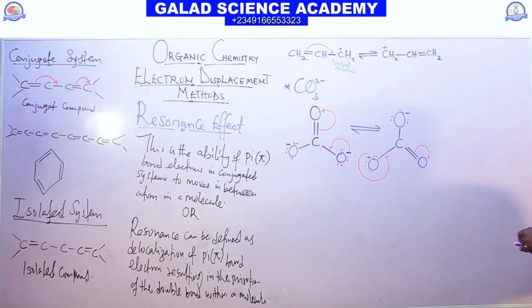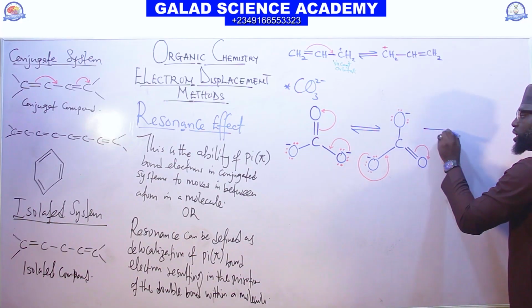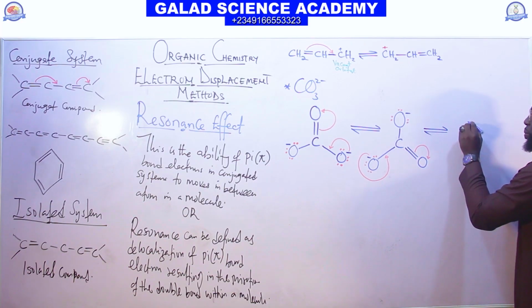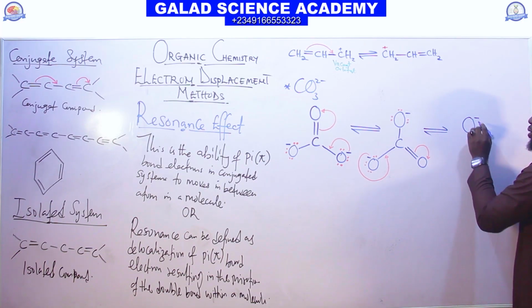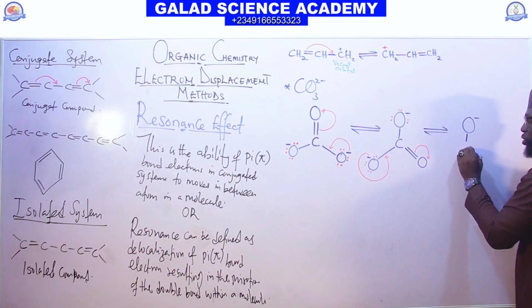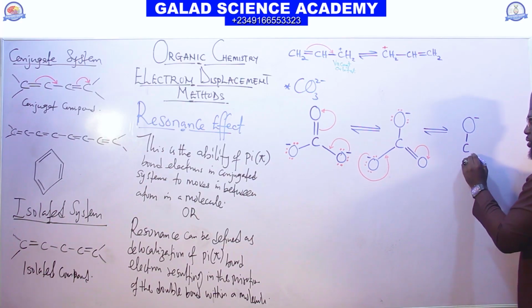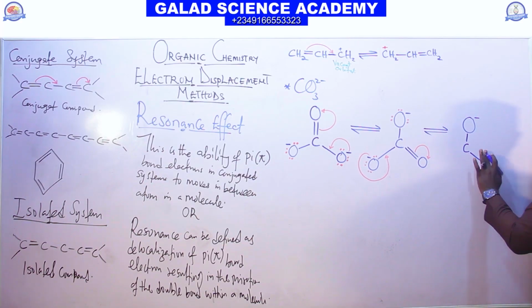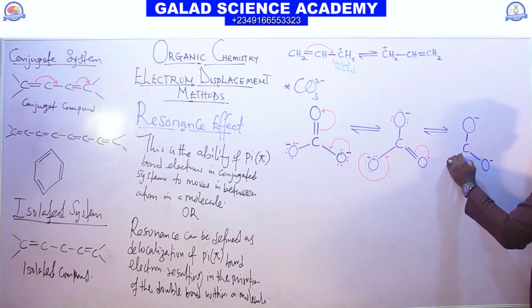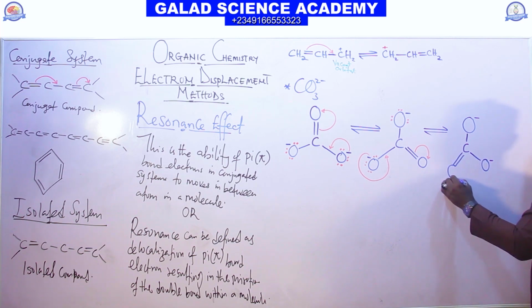As a result, the compound will be in this form: O minus, single bond, carbon. Then we have a single bond, oxygen with minus. This place will be a double bond, oxygen.